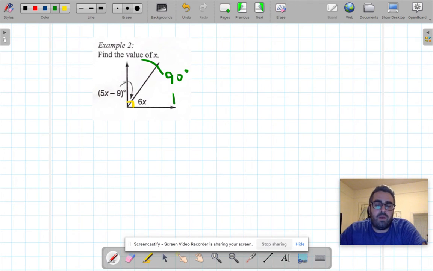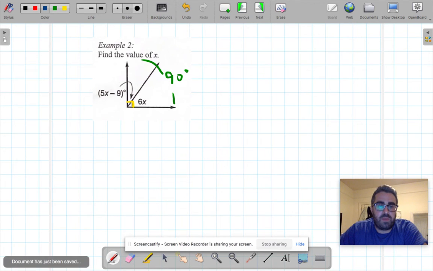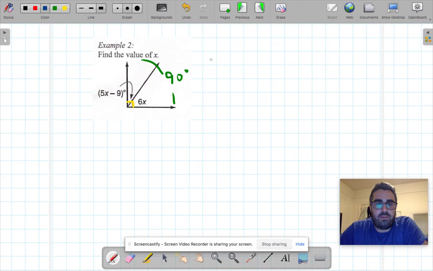So we know that this angle, right here, this piece, labeled as 5x minus 9, plus the measure of this piece, 6x, has to equal 90. So I can set up an equation. So the sum of the one piece, 5x minus 9, plus the other piece, 6x, equals 90 degrees.